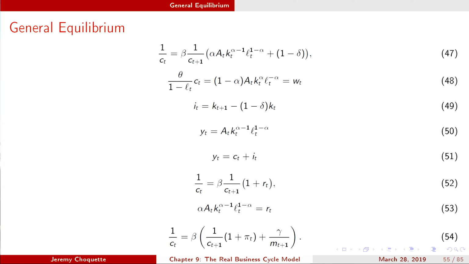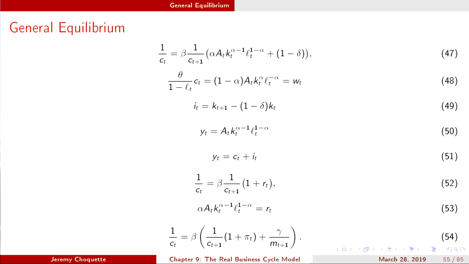Equation 52 is the Euler equation for bonds, right? Equation 53 basically says that the real interest rate is equal to the marginal product of capital. So if you use one more unit of capital, the amount of output that contributes to the firm is going to be equal to the rental rate on capital, or the real interest rate.